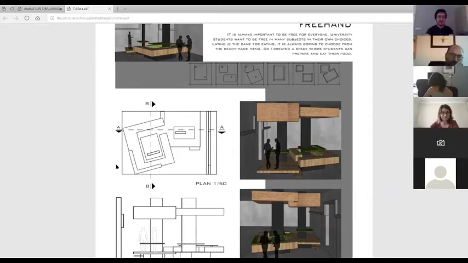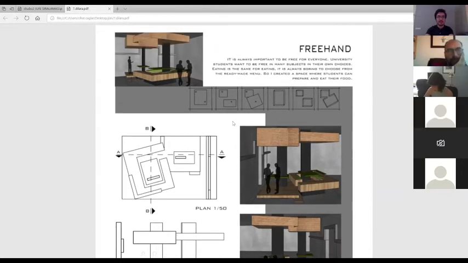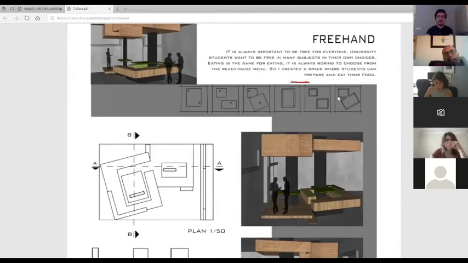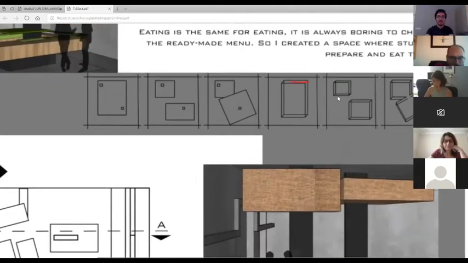Universities often have cafeterias or table menus, but we also want to be free in our choices. So limited options are not for us, and I wanted to have a space where we could prepare our own food. I put a mass in the middle, holding onto the two columns that were in my area at first. And I separated the preparation and eating areas because their function was different.